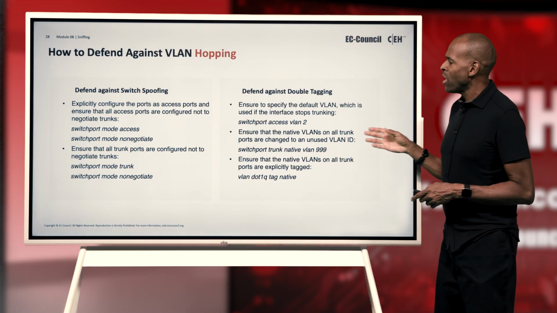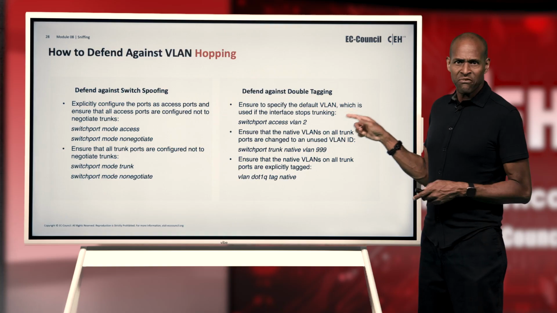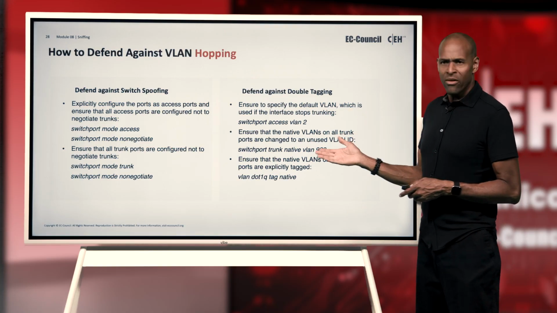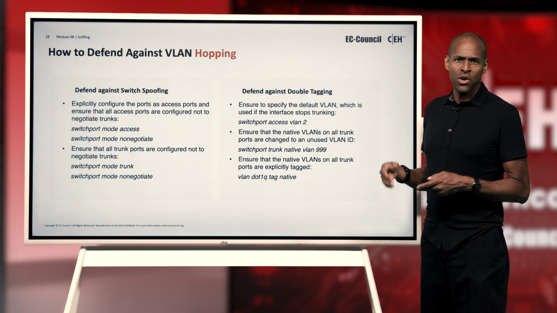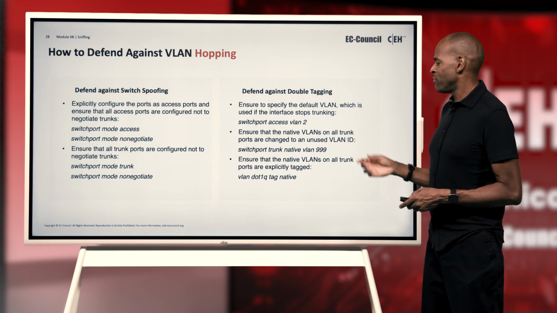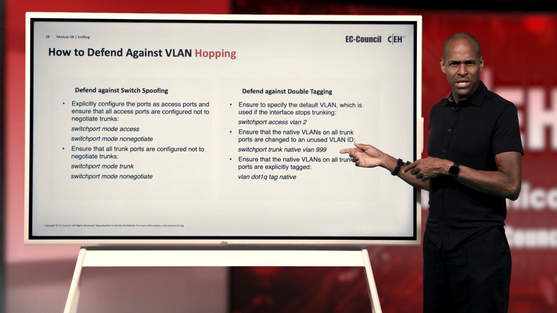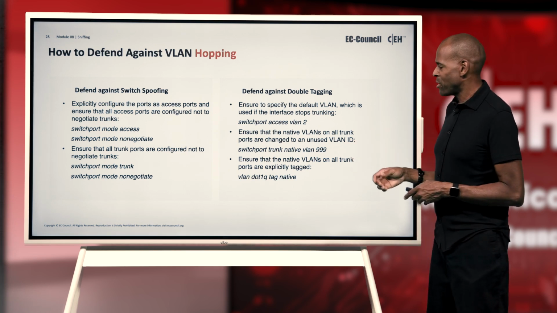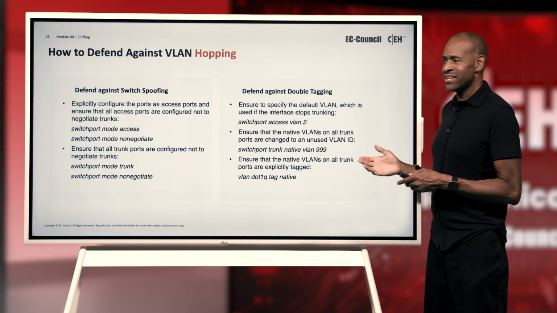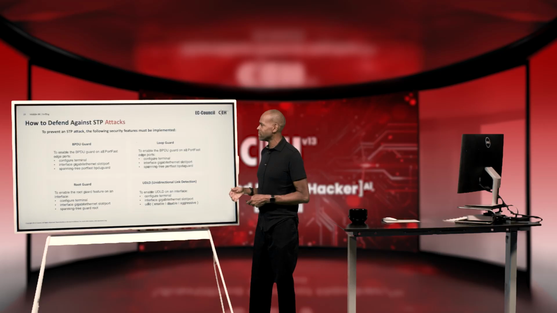And then for double tagging, you want to defend your default VLAN. There are ways to do that by, for instance, changing your native VLAN to a random number. But everybody in your network engineering team needs to know what that number is, like 9999. And then explicitly set the tagging to that native VLAN.